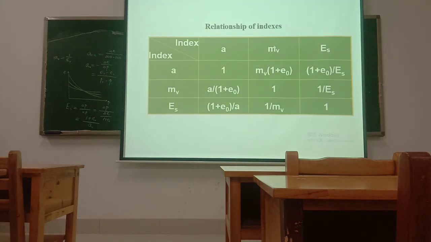Okay? And the relationship of the indexes, we make a table like this. Coefficient of compressibility with the coefficient of volume compressibility.